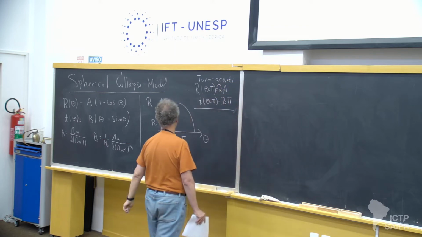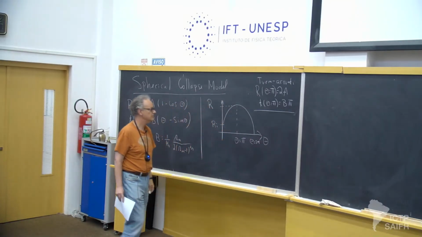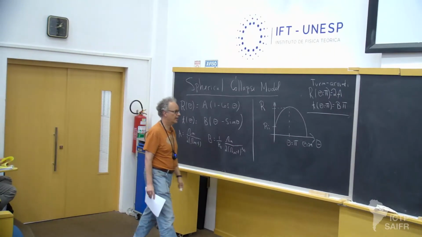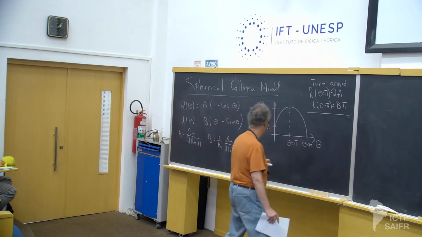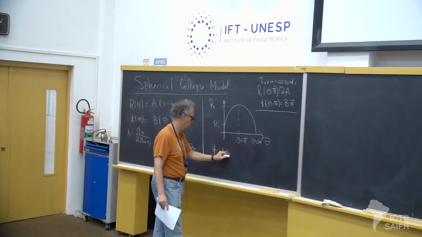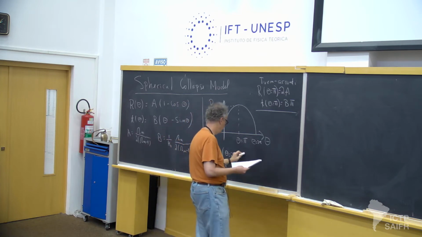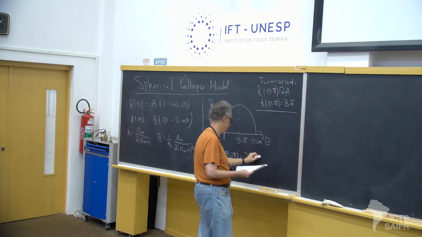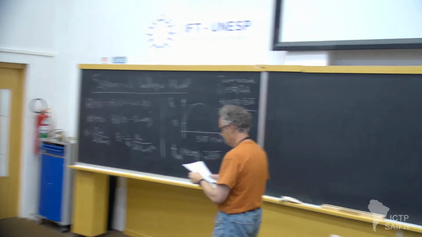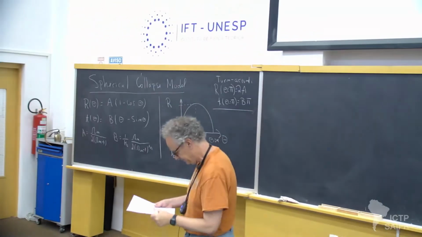And then it collapses when theta equals 2 pi. The collapse time is given by 2B pi. So the great thing about this model, again, is that we can solve everything.